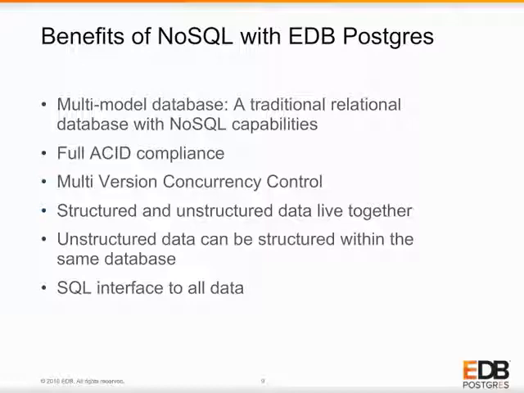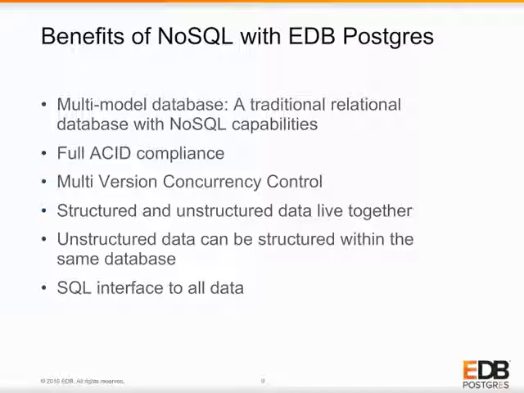However, when NoSQL was developed, the Postgres community also decided to implement NoSQL within Postgres. They created a data type called JSON. That's the same data type as other NoSQL technologies use. And this makes Postgres a multi-model database. So it does relational, but it also does NoSQL.